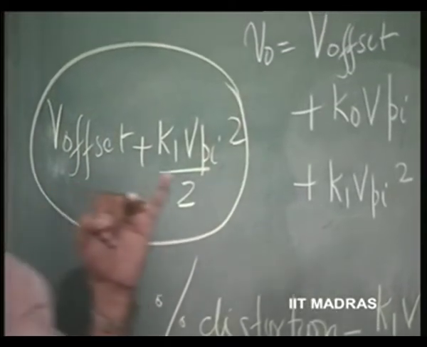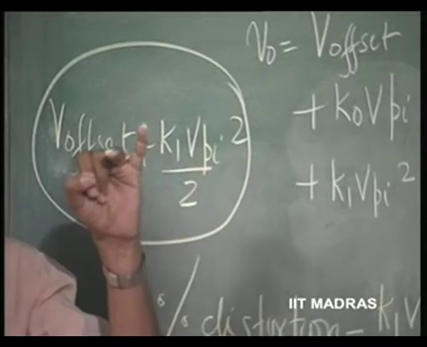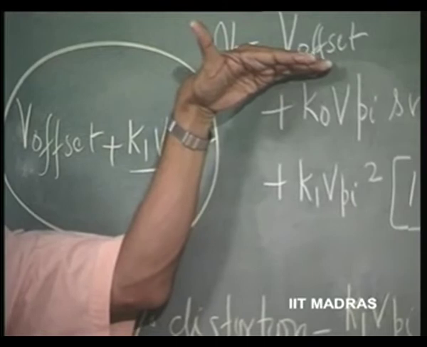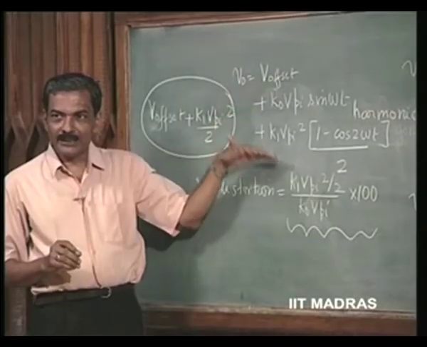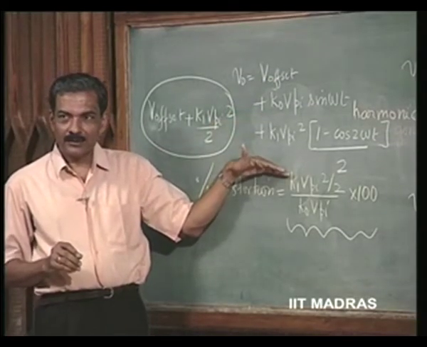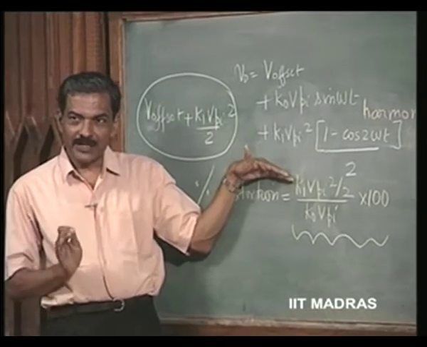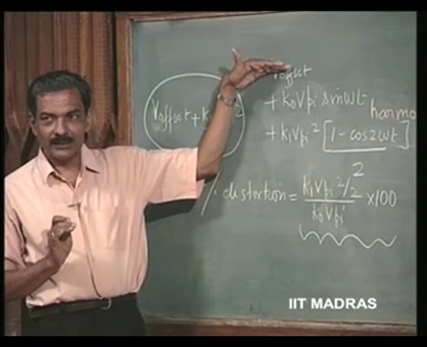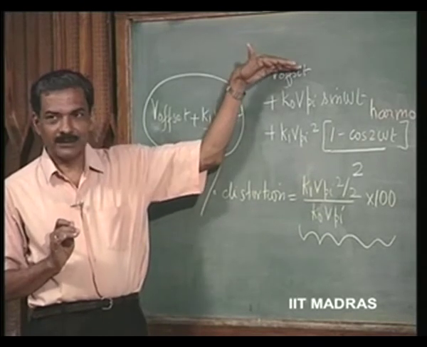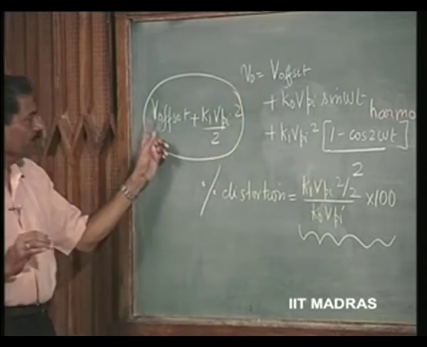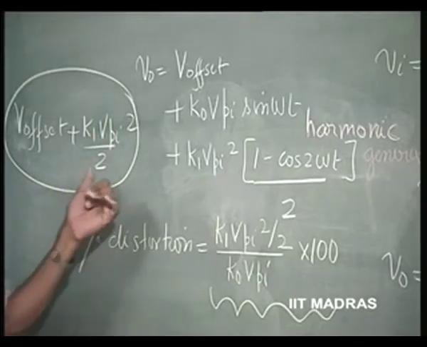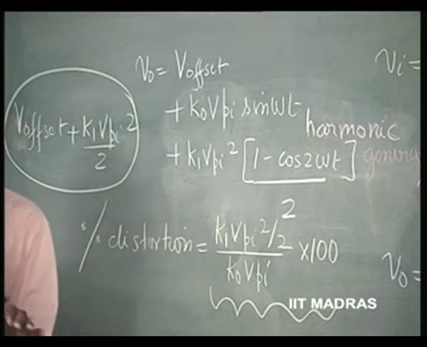So, just by measuring the offset voltage without signal and offset voltage with signal, this is always the easiest way of measuring distortion. Offset voltage without signal is simply V offset. Offset voltage with signal is V offset plus K1 Vpi squared by 2. You subtract this, you will get K1 Vpi squared by 2.